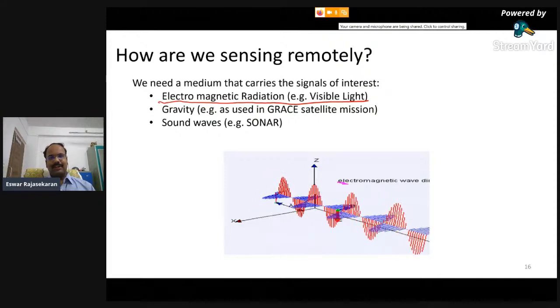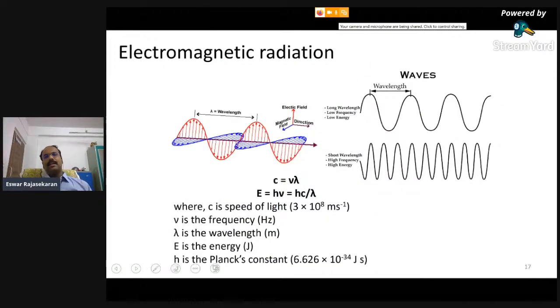Electromagnetic radiation is nothing but a way in which energy propagates itself, a movement of energy from one point to another through radiation. So EMR is how energy propagates itself. That's it, nothing much.